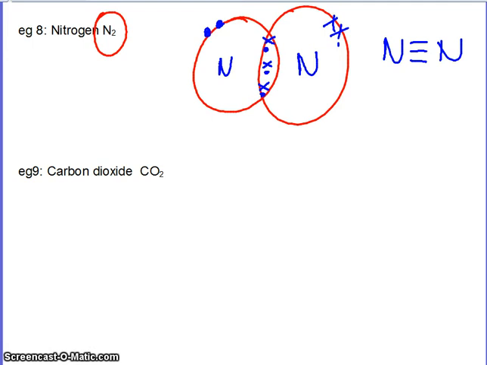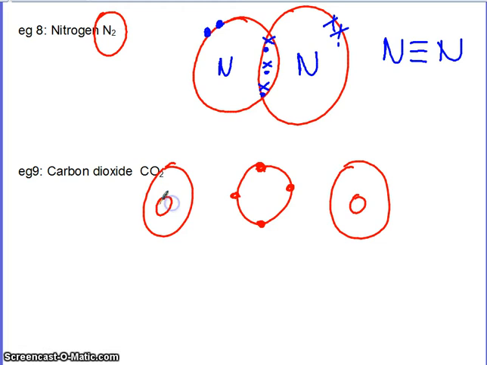Final one on this video we're going to do is carbon dioxide. Now carbon is in group 4. You can find it on the periodic table. So it has 4 electrons. Oxygen, well, we've got 2 oxygen atoms. Here's 1 oxygen atom, here's a second oxygen atom, and oxygen is in group 6.